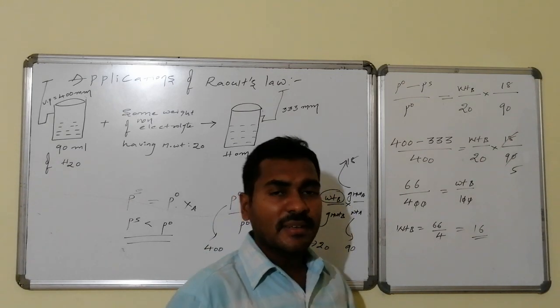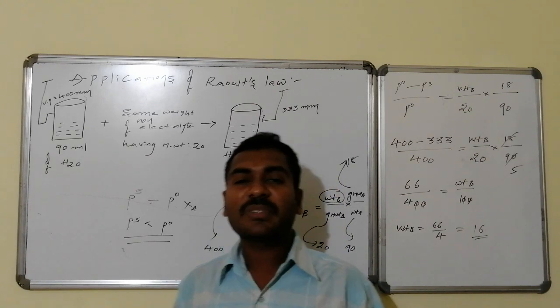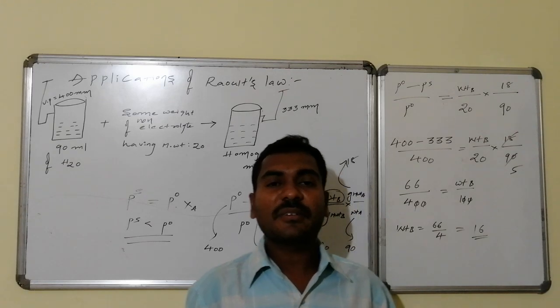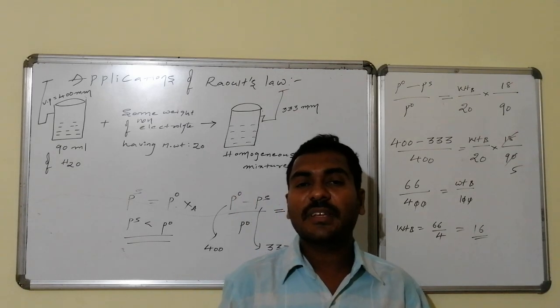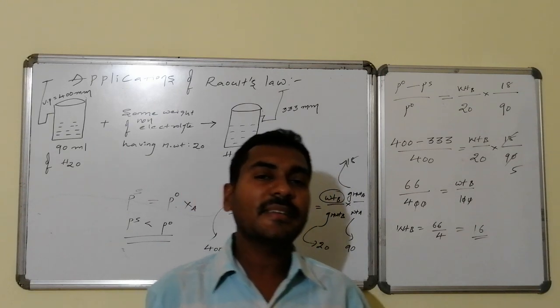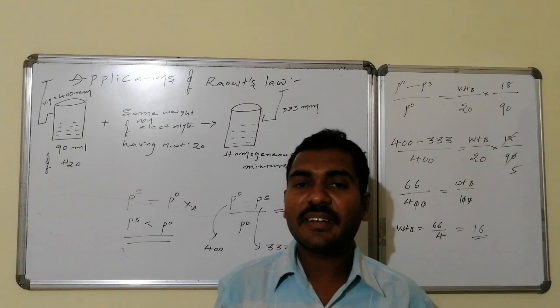So there is a correction needed for the Raoult's law representation. Now we will go for the edited format, otherwise the corrected way of Raoult's law, which will give accurate answers under all varieties of conditions, like dilute conditions as well as concentrated conditions.